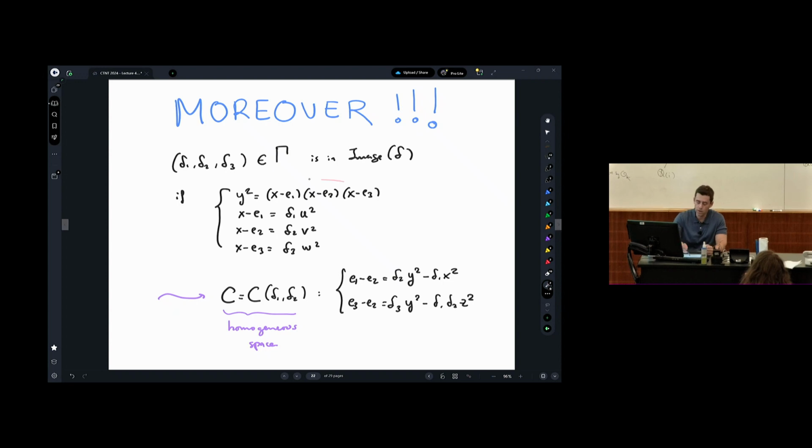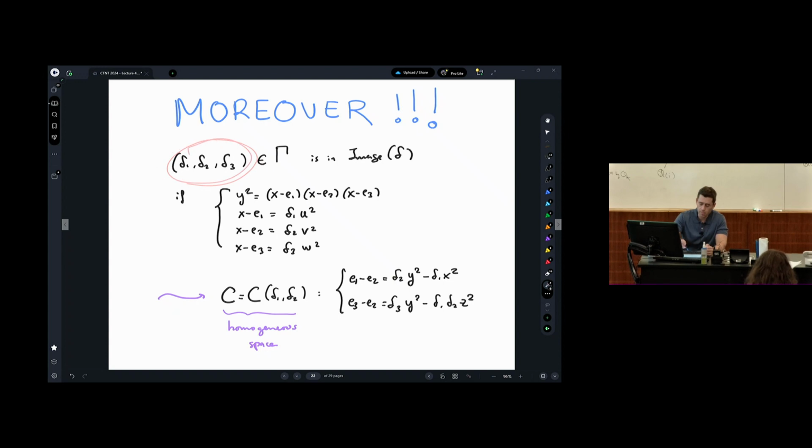This doesn't simplify anything. However, you can manipulate this to have fewer variables, and if it is a solution of this, it is a solution of something like this. Remember that the e_i are given, the deltas are given.